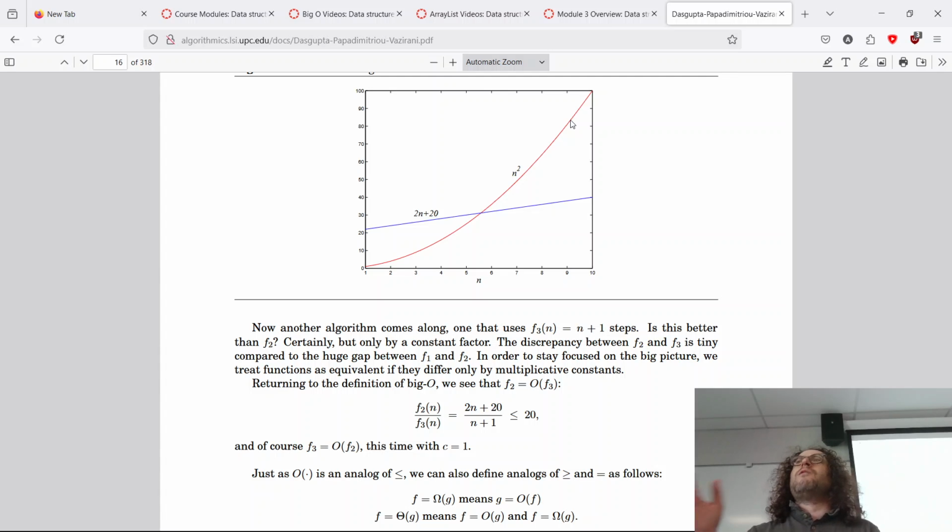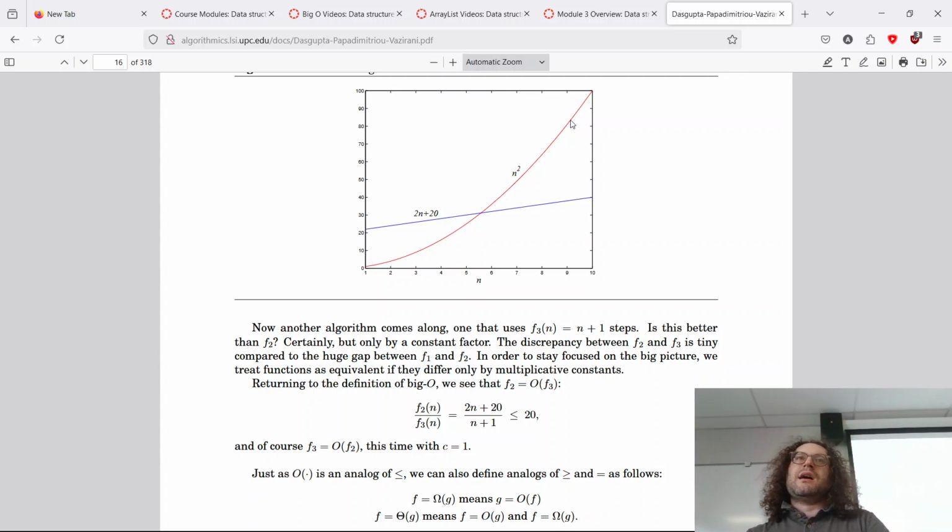So if I add one more item to the array, that means I have to do n more comparisons. So the result is that if I double my input size, I quadruple my workload.